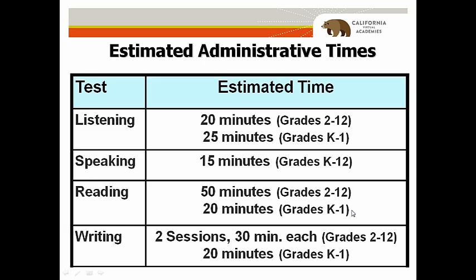The K1s, it's going to be quick because it's a one-on-one situation and very minimal reading. Writing, the same thing. You have up to 60 minutes, so you might need 2 sessions for the older grades, and up to 20 minutes for K1. So it just depends on your group and how much time they want to spend on each section. But this just gives you an idea.